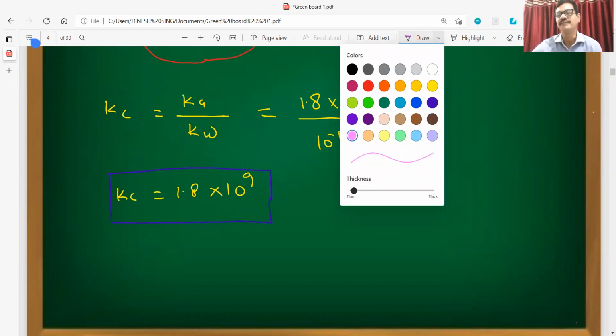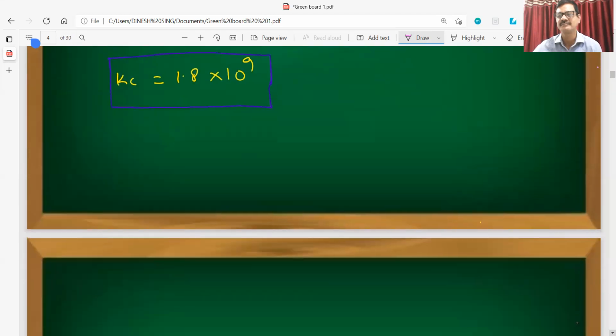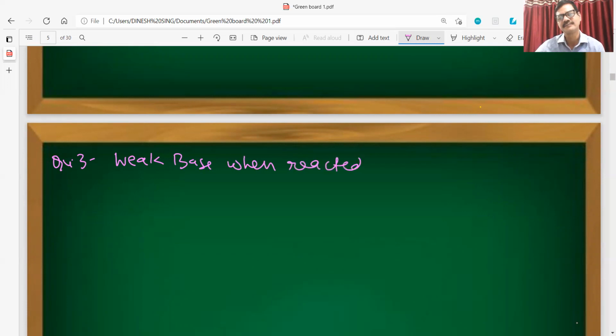Similarly, one more problem, with the weak base. Question number 3. A weak base reacted with an equimolar amount of strong acid.